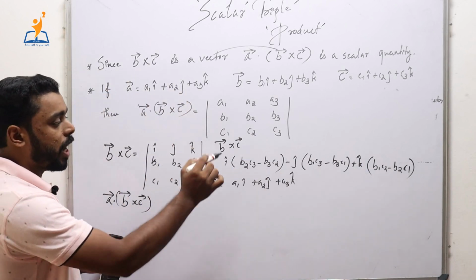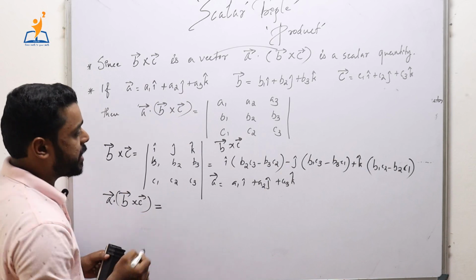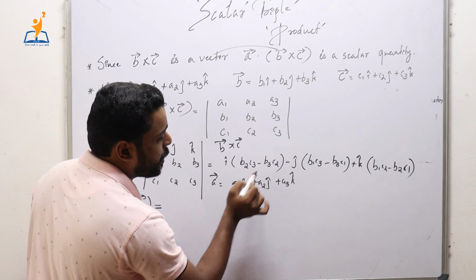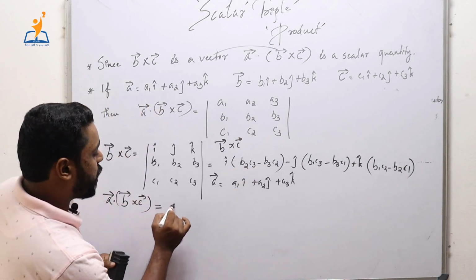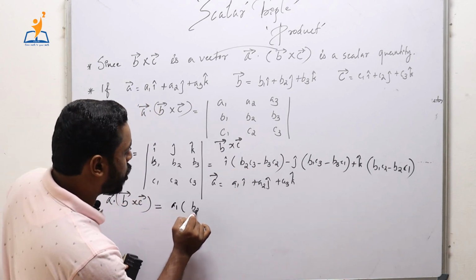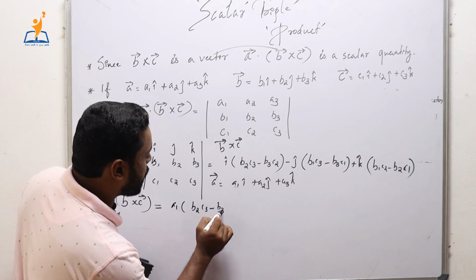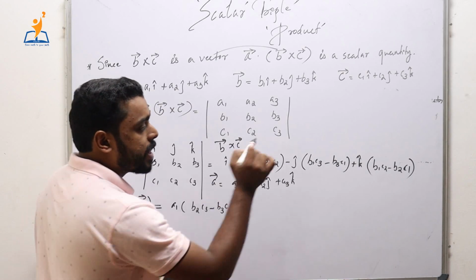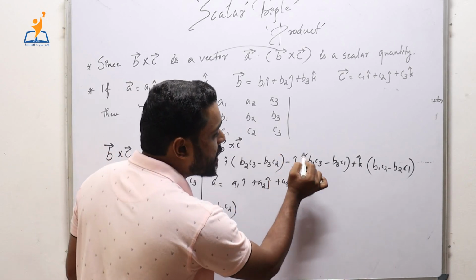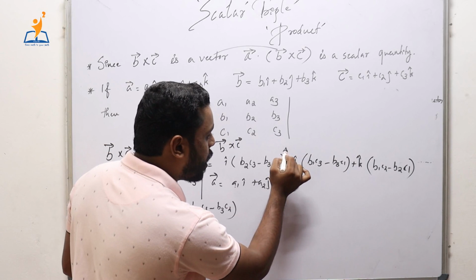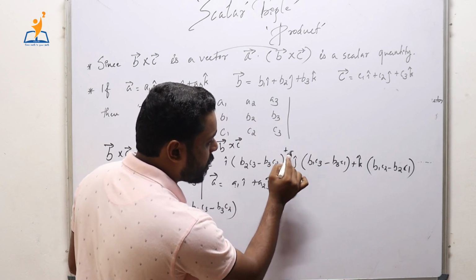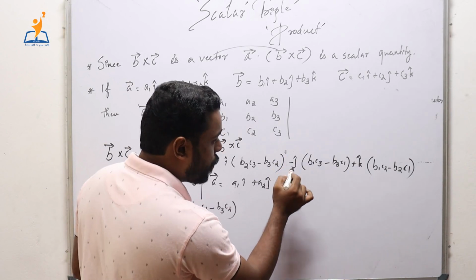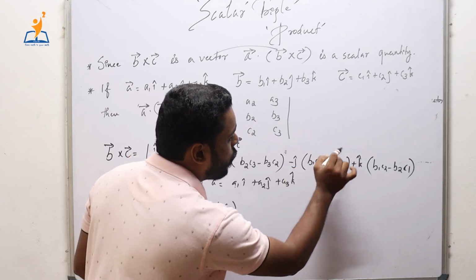Now we shall just evaluate those calculations. It is equal to, the first component here is A1 and the first component there is B2 C3 minus B3 C2. So we can write A1 into (B2 C3 minus B3 C2), right? Now the second component here is A2, and the second component there is minus this. See, the coefficient of j cap here is minus of this, because plus into minus is nothing but minus. Actually the standard form is all plus, so the coefficient is minus into this scalar.